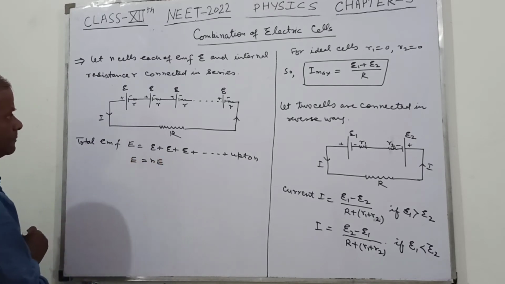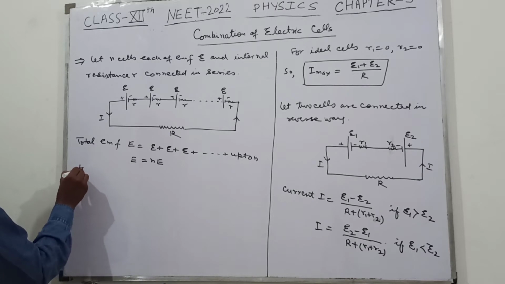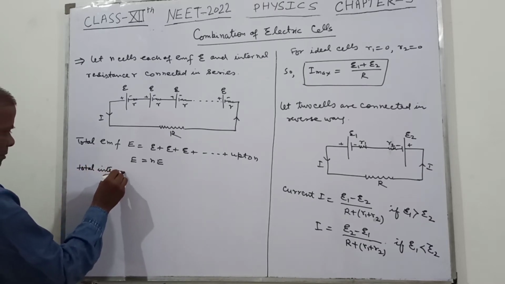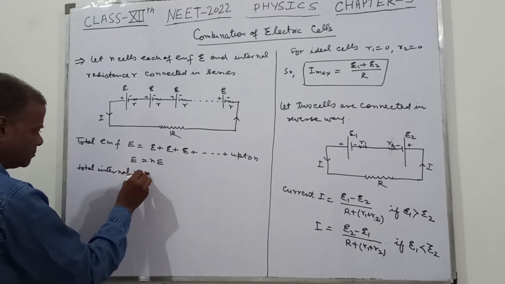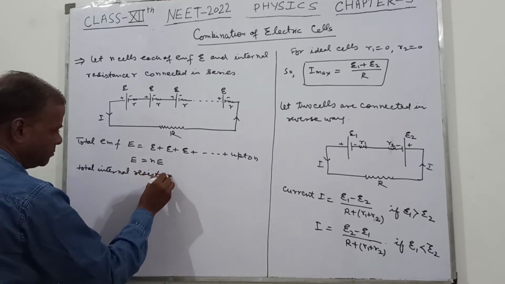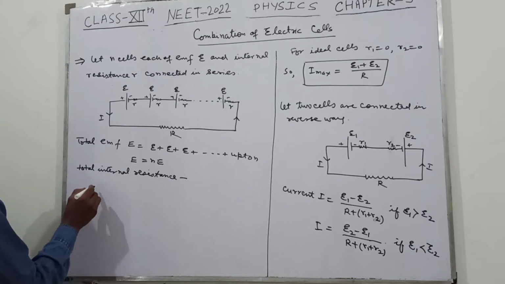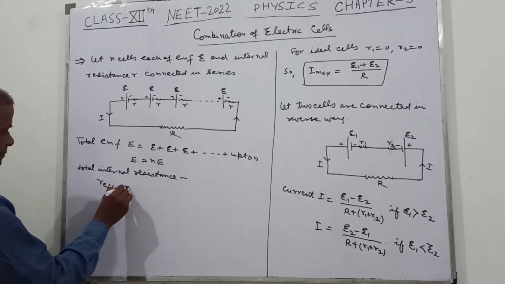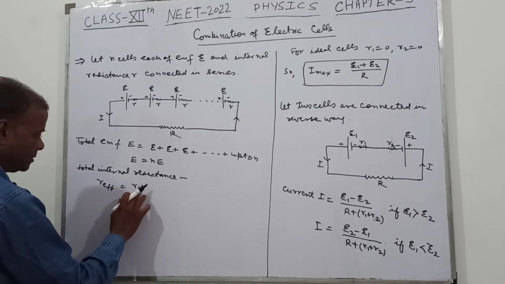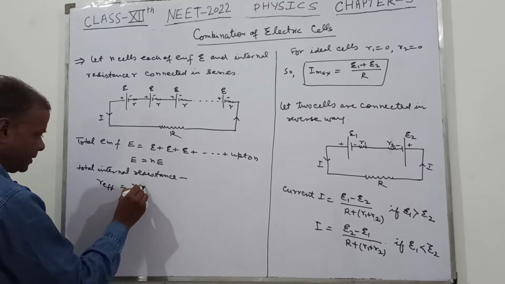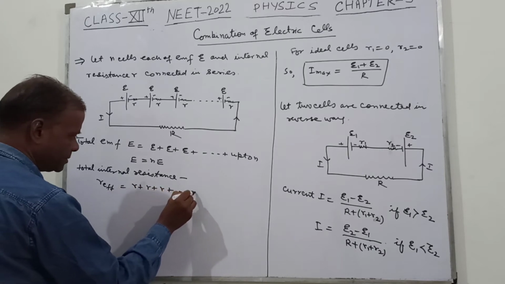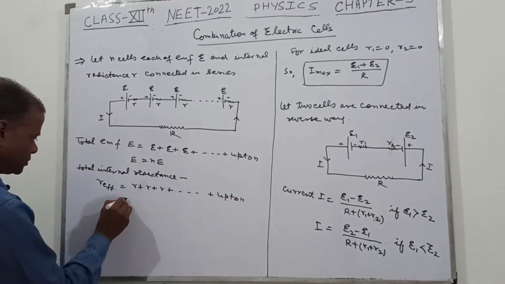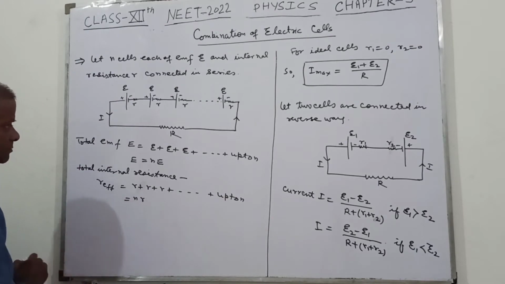Total internal resistance, R effective, this is equal to R plus R plus R plus up to n, so this is equal to nR.